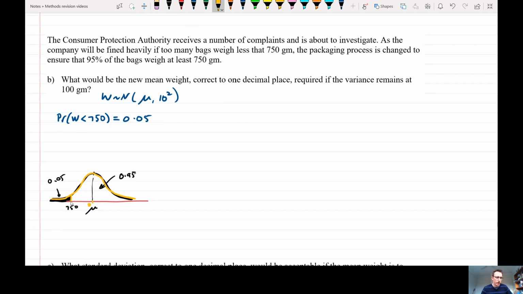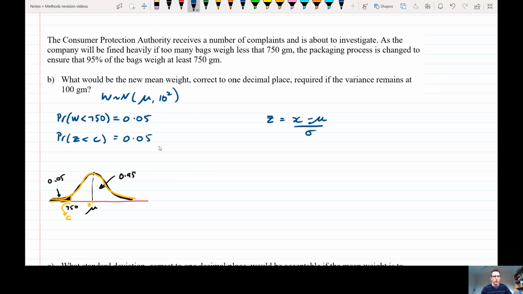And there's going to be an equivalent position here, I'm going to call it C in this case, such that the variable is C, that if I have Z being less than C, that will be 0.05. So if I can find the value for C, I can then use our conversion between our standard normal and the normal distribution we have to find mu.